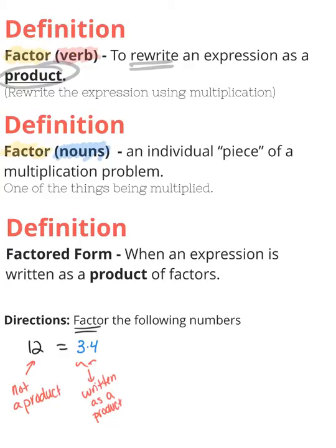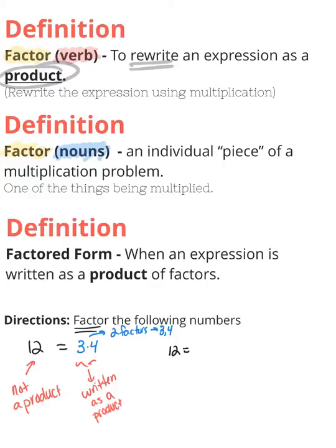Now, when we actually do the action of factoring, we get something called factors. And factors as a noun represent the individual pieces that make up a multiplication problem. So if we look here, there's two factors. We use the factors 3 and 4 because both of those factors are being multiplied together. Let's look at the number 12. I could factor it in many ways.